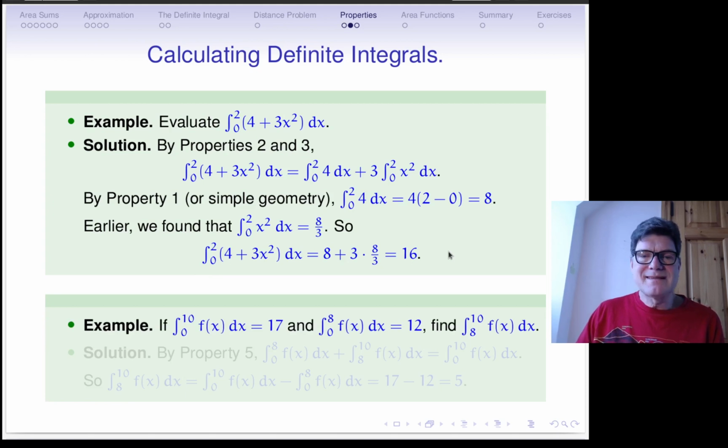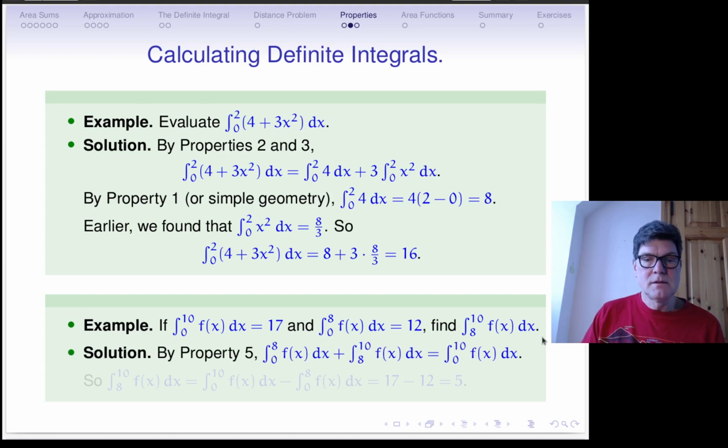Now here in this example we're given the value of the integral from 0 to 10 over some function f of x dx as 17. We're given that the integral from 0 to 8 over the same function f of x dx is 12. Question is, what is the integral from 8 to 10 of f of x dx? Well, property 5 was about these intermediate points in the interval.